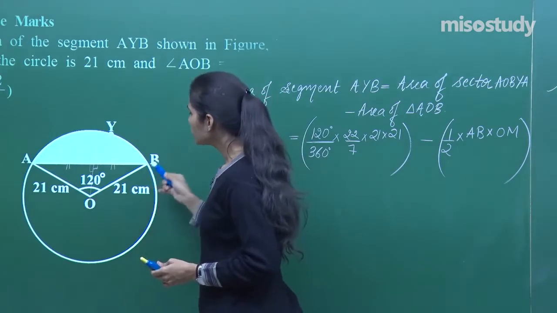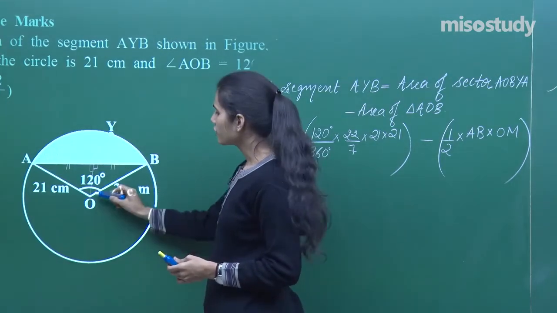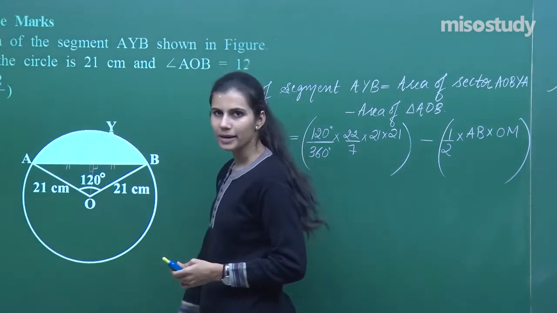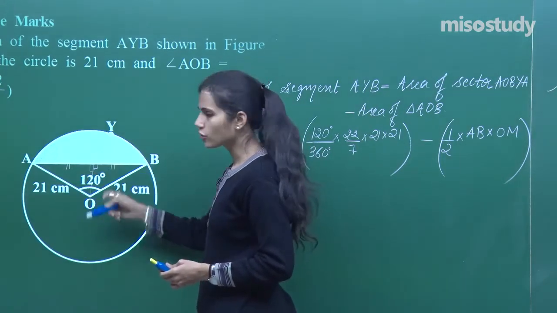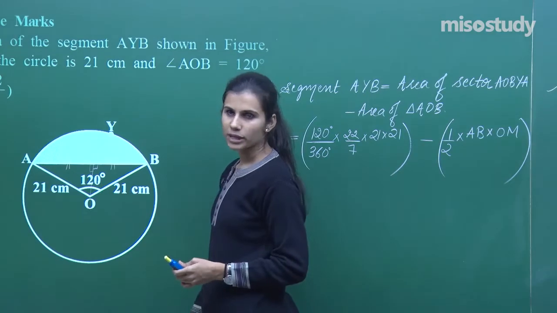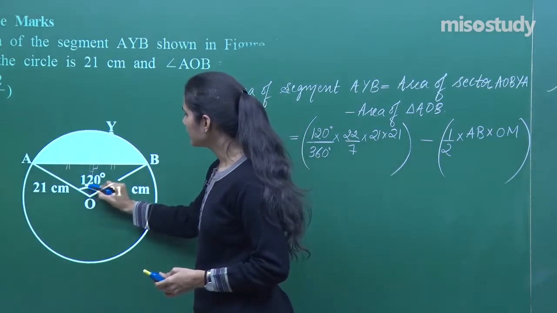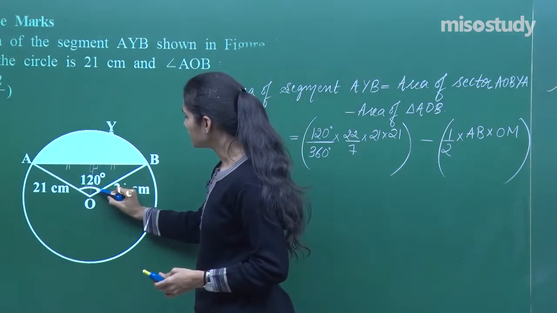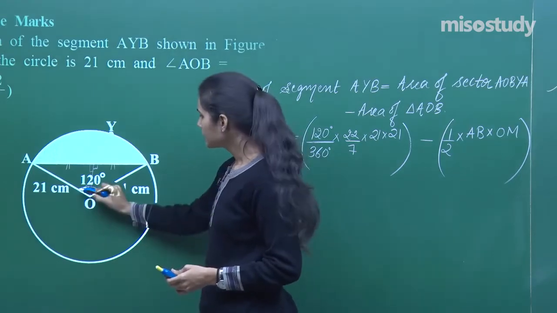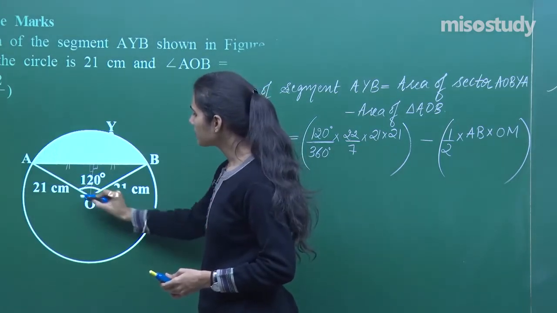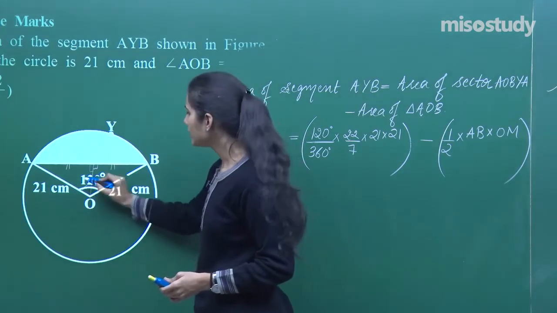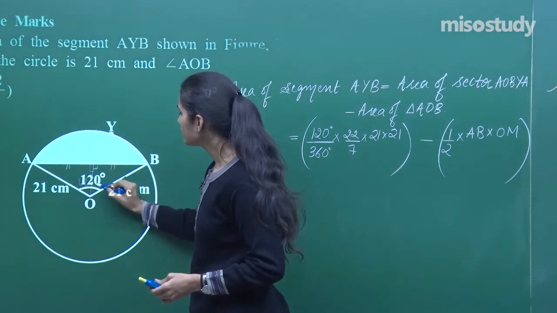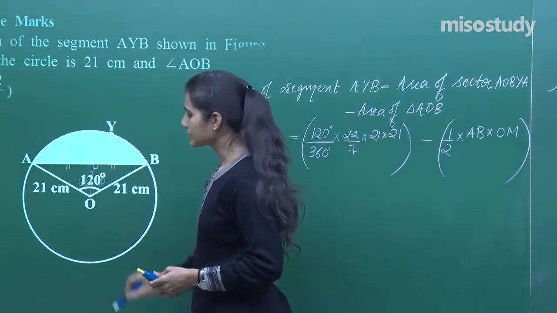And AM is equal to MB again because the perpendicular from the center to the chord bisects the chord. So by SSS congruence condition, both these triangles are congruent. So their corresponding parts will be equal. This angle will be equal to this angle. But this complete angle is 120, each is half of 120, this much is 60, this much will also be 60.